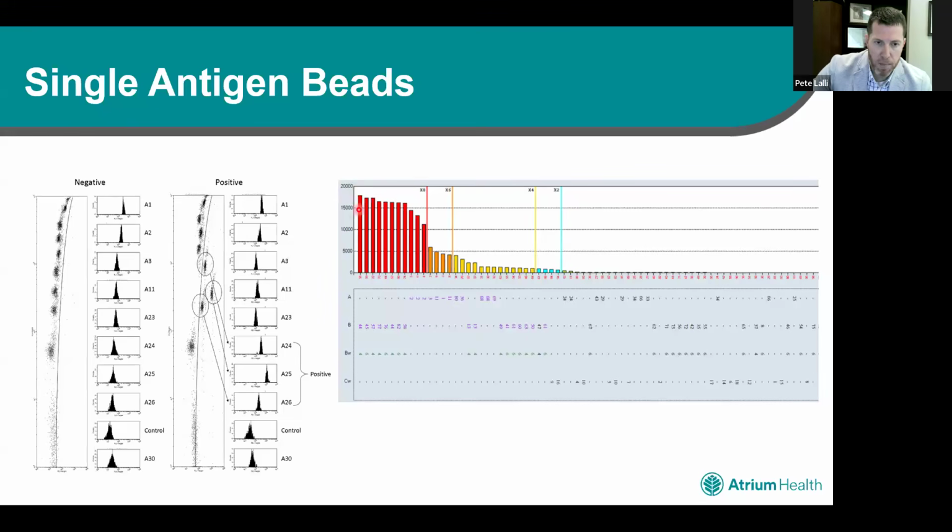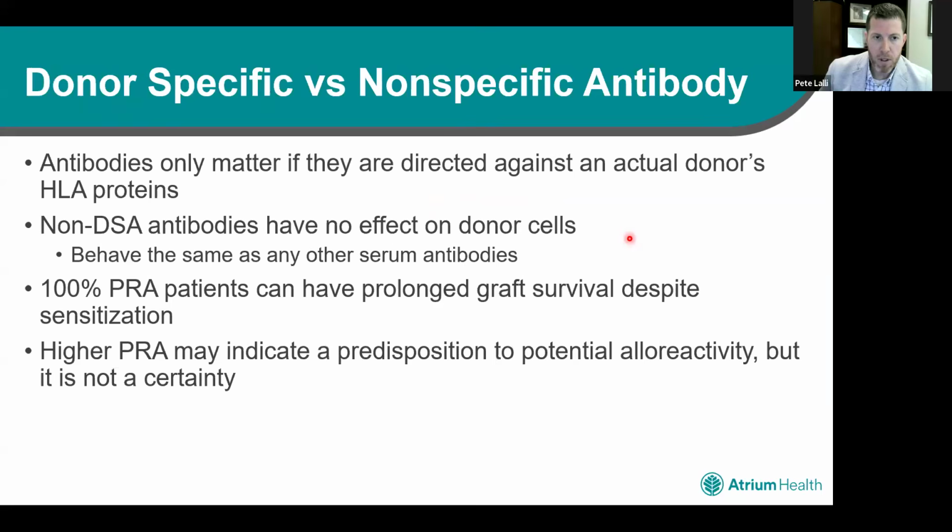So the higher the bar, the brighter the bead, the more antibody there is. And now each one of these bars represents a different HLA protein. And we can go through and do this in a screening method on all of our patients before they go to transplant. So this gives us information about what's going on with our patient's antibodies at any given time.